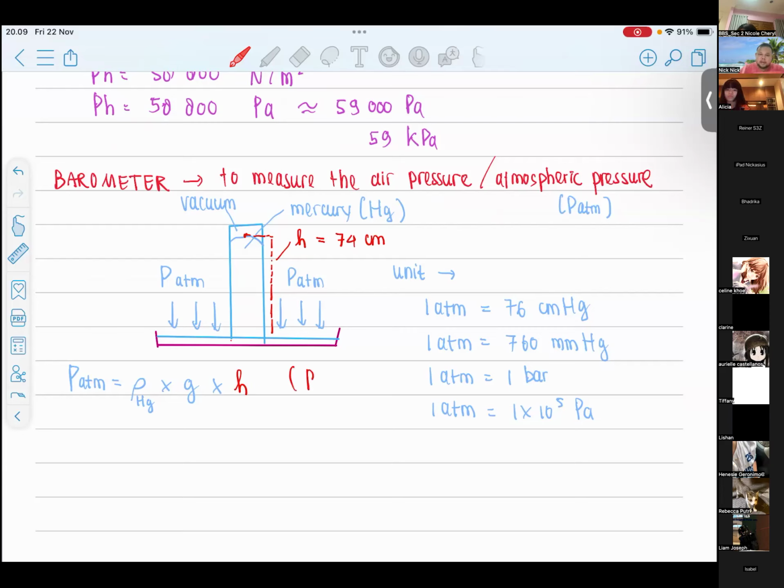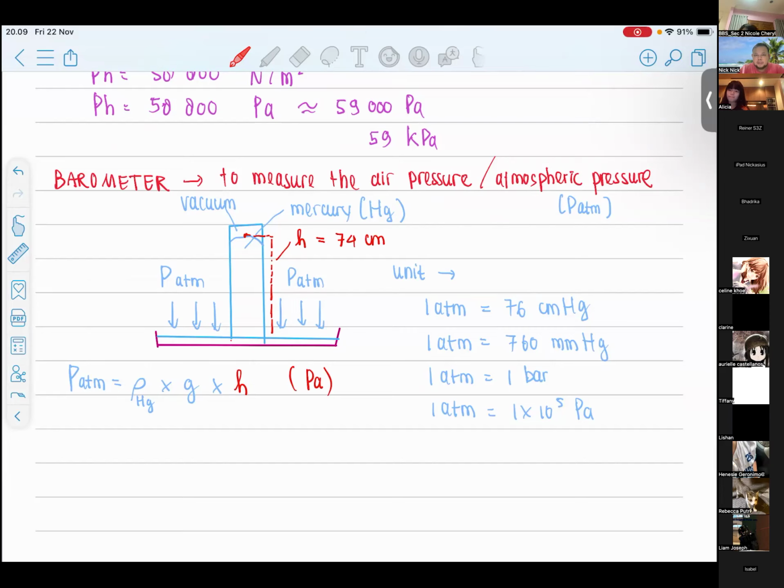The unit will be in Pascal. Let me search first, I forget the density of mercury. But usually density of mercury will be given in the question. It is in kilogram per meter cube.